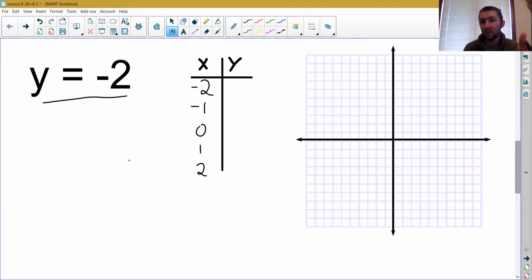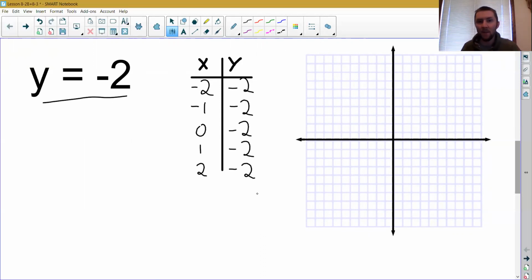Does it matter what the x value is? No, because there's nowhere to plug that x value in and do any math. So regardless of what the x value is, the y value is always -2. The y value is always -2 for every single x value ever that has existed.